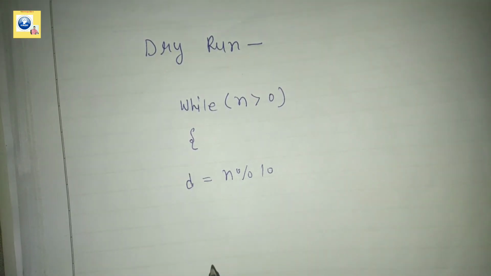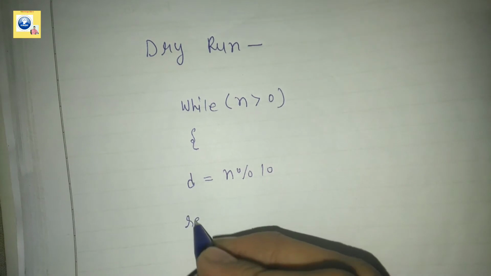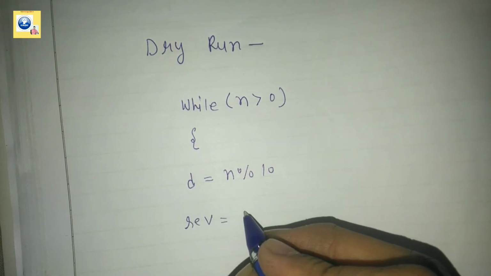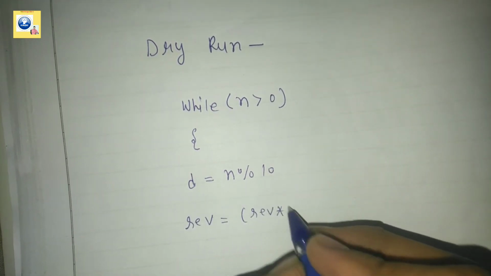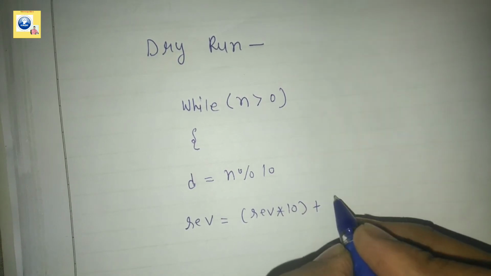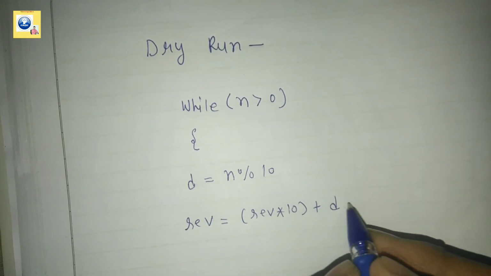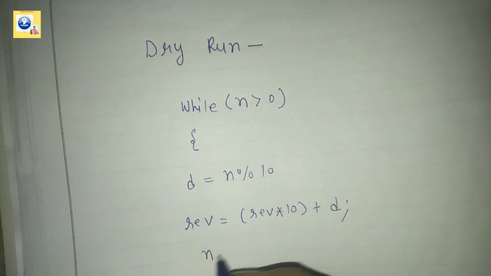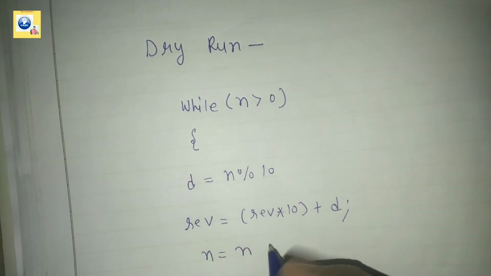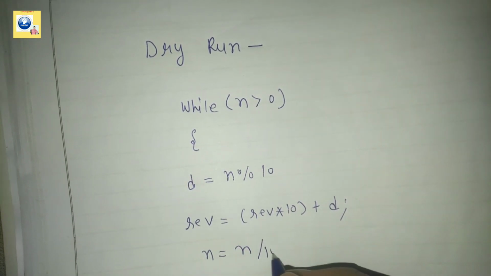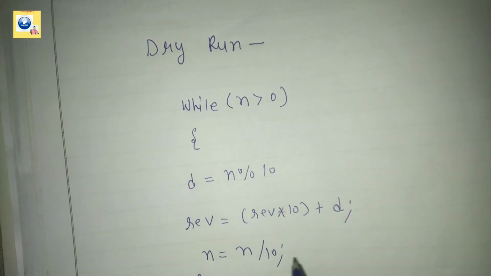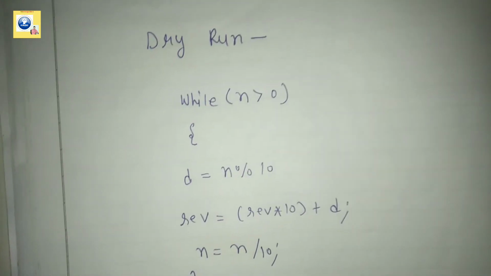Store the remainder in D, and what we have to store in reverse, we have to multiply the reverse by 10, and add the remainder that we have got. And the last step is we have to divide the number by 10 every time. Okay, and at the last what we will get? We will get the reverse of the number.